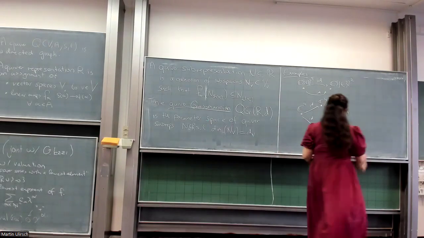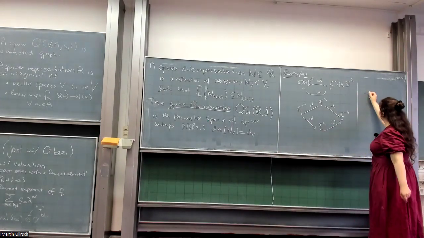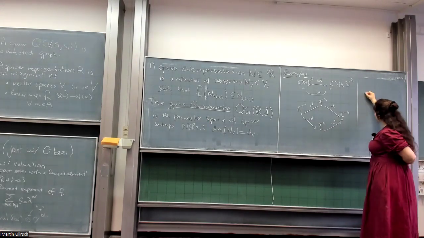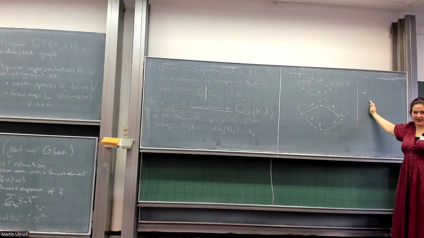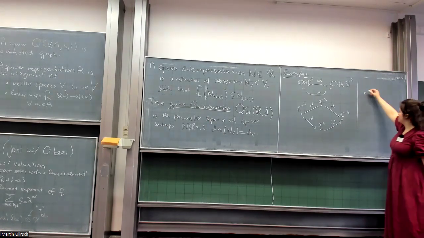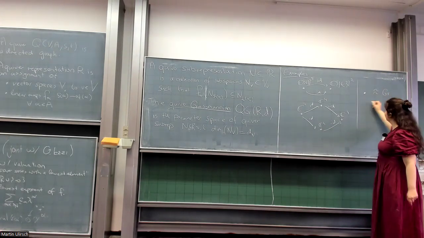So for this brief discussion, let me just give you an example of a quiver Grassmannian most of you will already know. The easiest quiver Grassmannian you could come up with is what happens if you just put a vertex here with no maps. That corresponds to the ordinary Grassmannian.